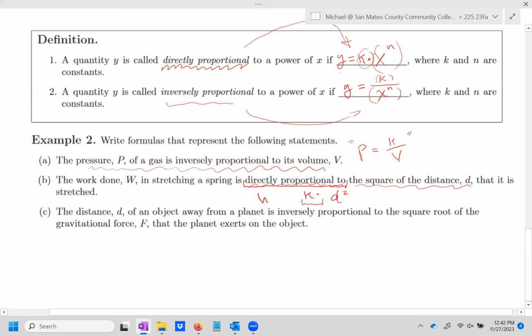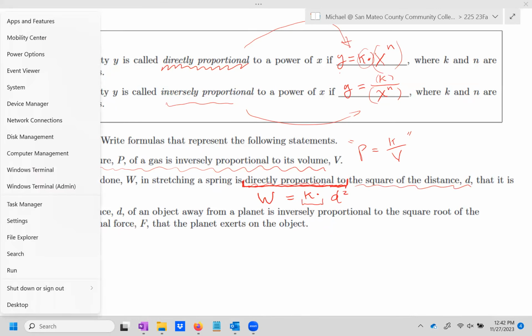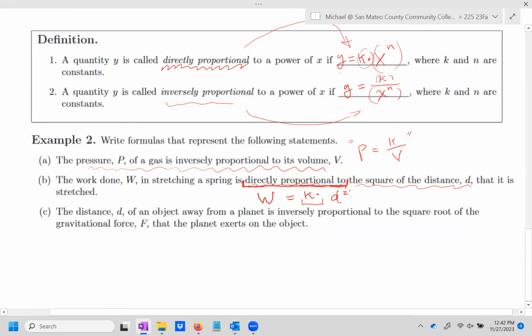So the work in stretching a spring is W equals K D squared, where K is the constant and here's the square of the distance.